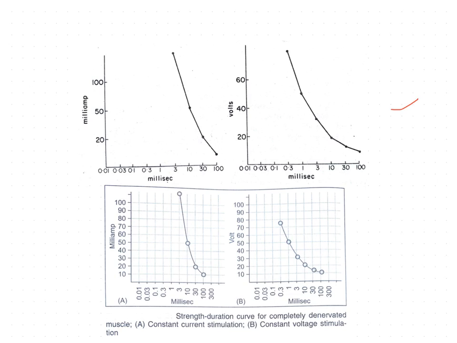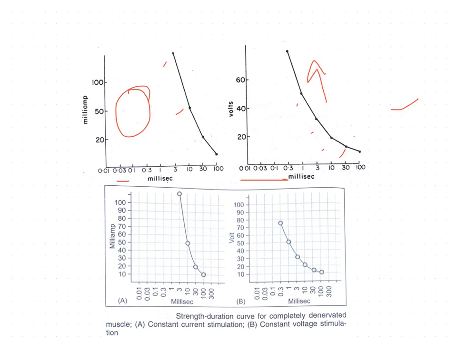For all the impulses with a duration of 100 milliseconds or less, the strength of stimulus must be increased each time the duration is reduced, and no response is obtained to impulses of very short durations. For very short durations there is no response here.